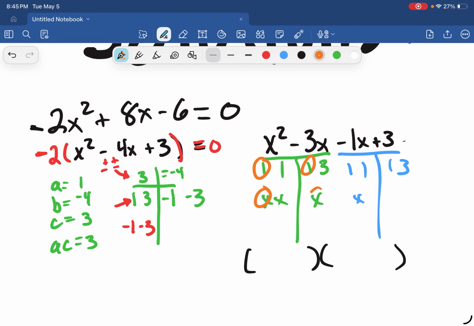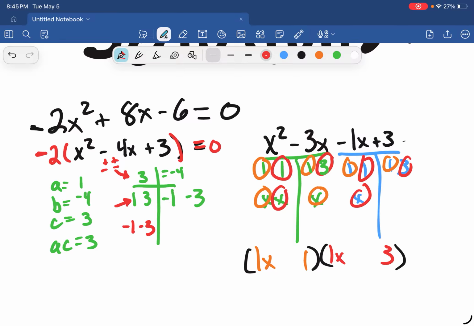All right, so my GCF is 1x and 1. What's left over? 1x and 3. My sides would drop down.